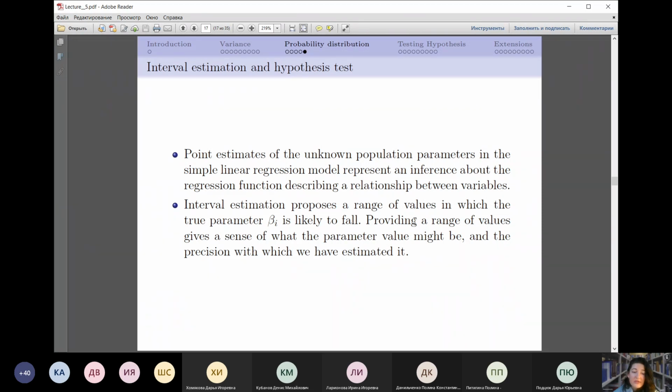And of course, the procedures for hypothesis testing and interval estimation depend on the assumption of conditional normality of the least squares estimators in general. So if this assumption doesn't hold, again, you need to work with a sufficiently large sample.